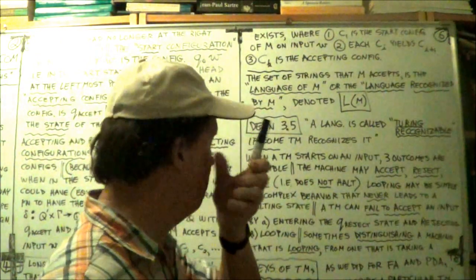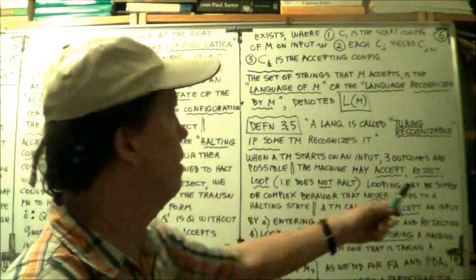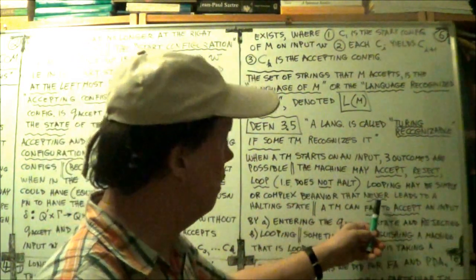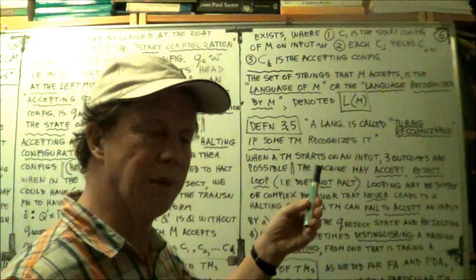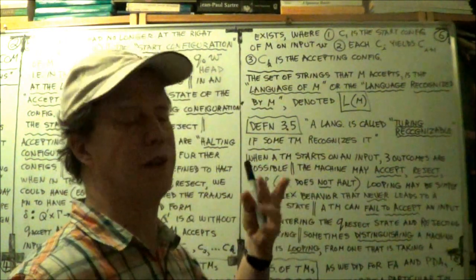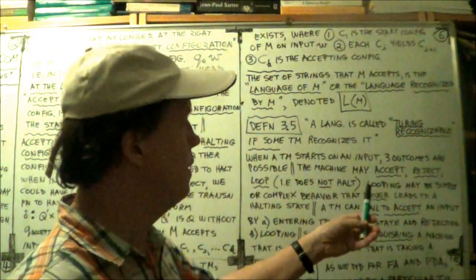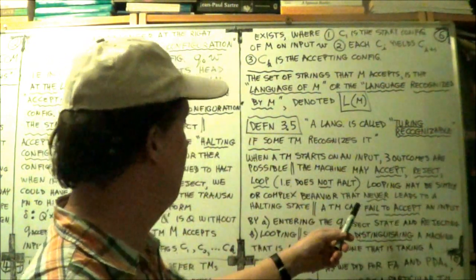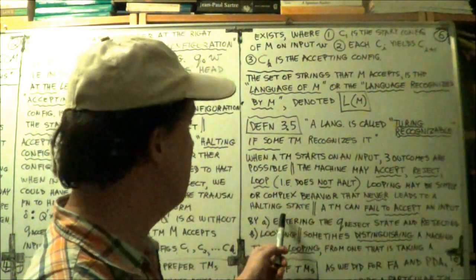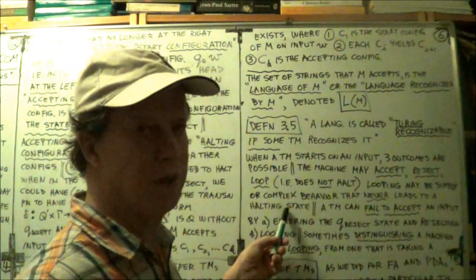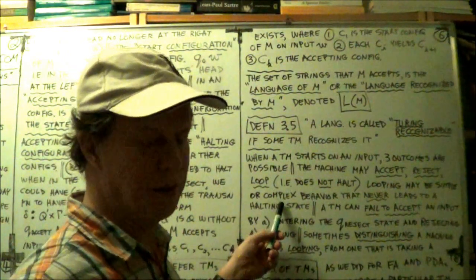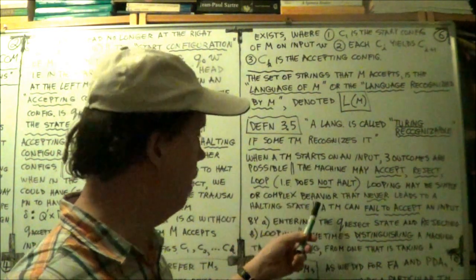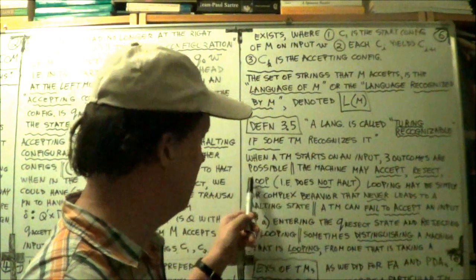Now, this looping might be some simple or complex behavior that, because of the way it's set up, the nature of the program, in other words your transition rules, is set up in such a way that it just never leads to a halting state. In other words, it never leads to a state that is q accept or q reject. Okay, that could happen. So it loops in that sense.